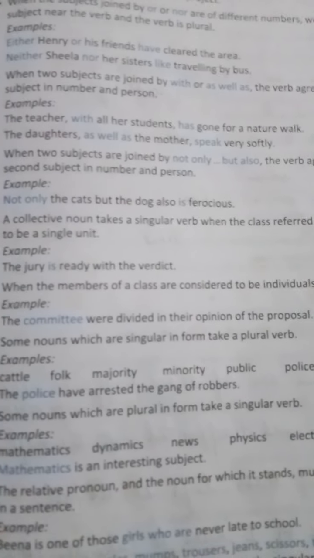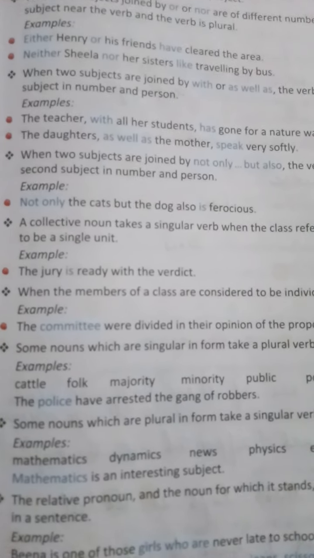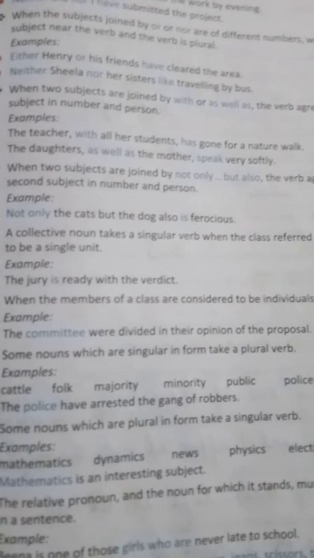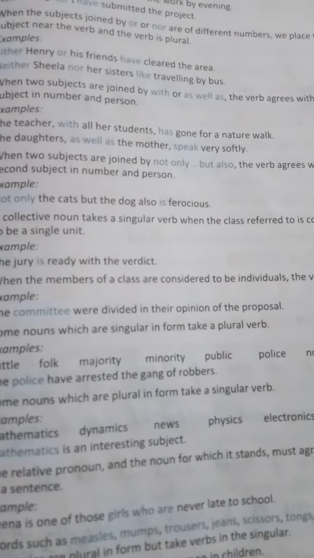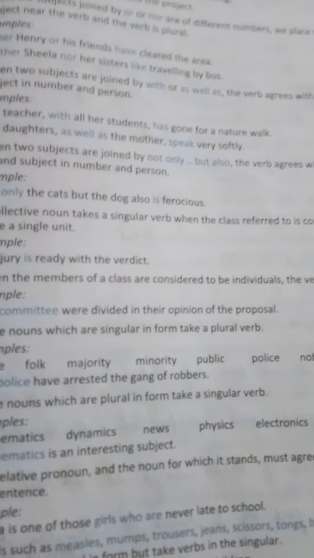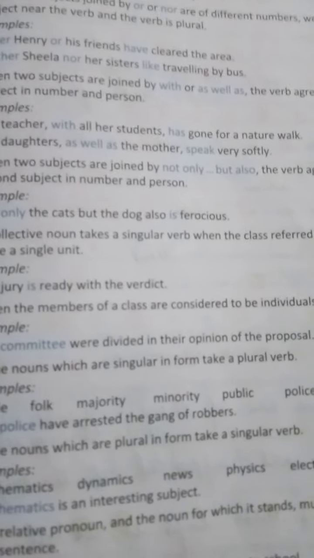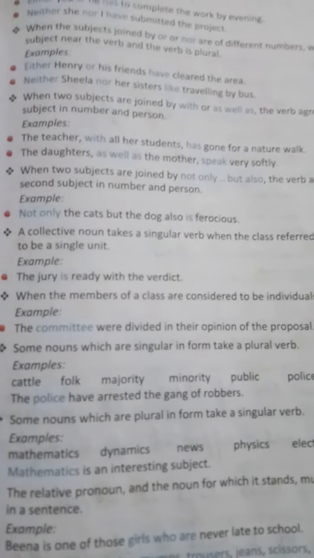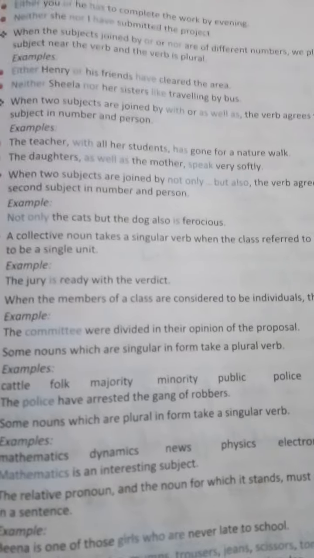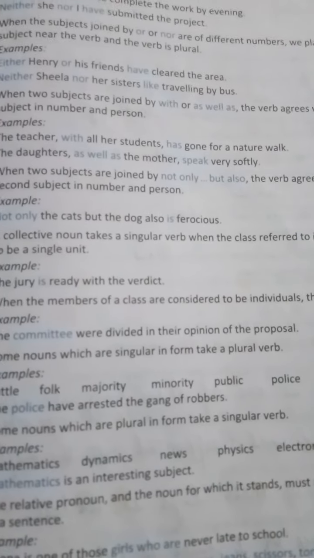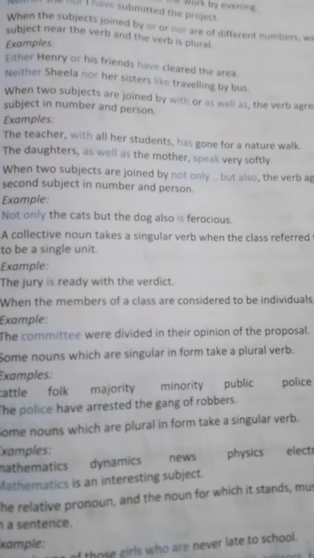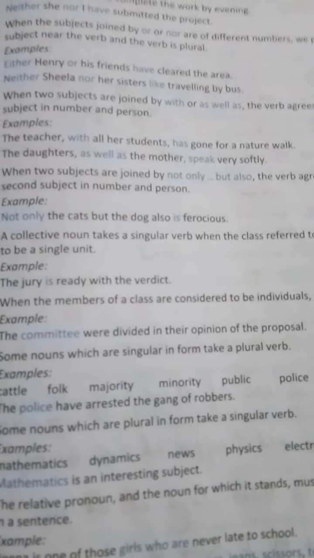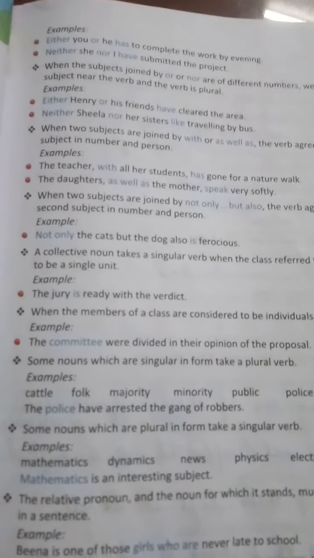Here as per the rule, in the case of not only but also, we have to take the form of verb according to the second noun as per person and number. So the dog is singular, so we have taken here is, that is a singular form of verb.